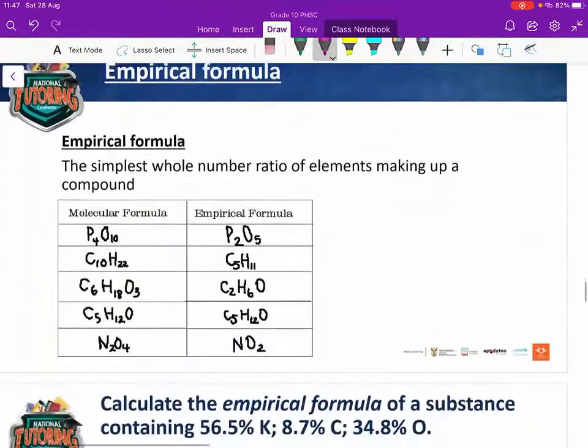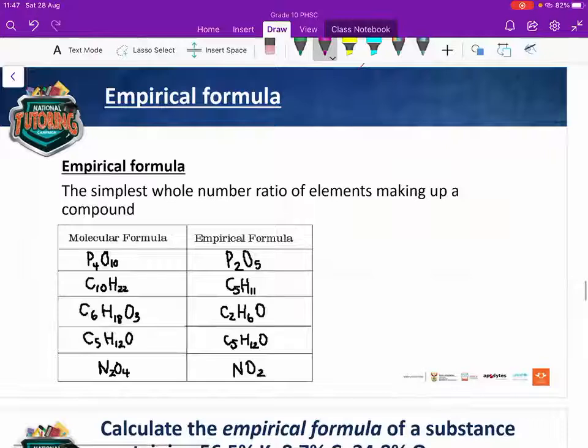Right, we've got 3 more minutes, so let me quickly touch on empirical formula. So this is a big fancy word, but all it means is the simplest whole number ratio of elements making up a compound. So we already spoke in the last example. If I had Cu2SO42, that's not the simplest ratio.